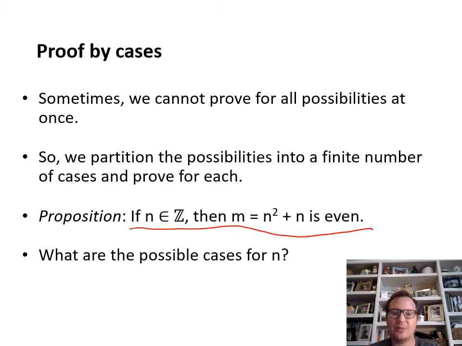What are the possible cases for n going to be? Well, we know from our theorem that every integer is either odd or even. And so those are the two cases that we can leverage to do this proof. And we'll show how this will work later on.